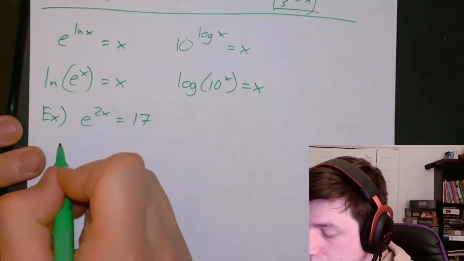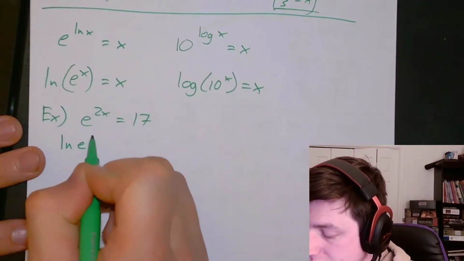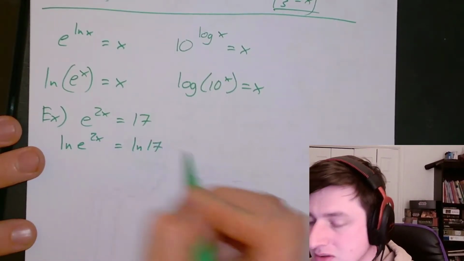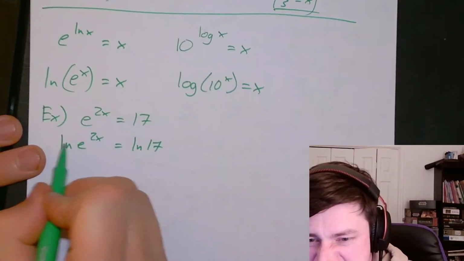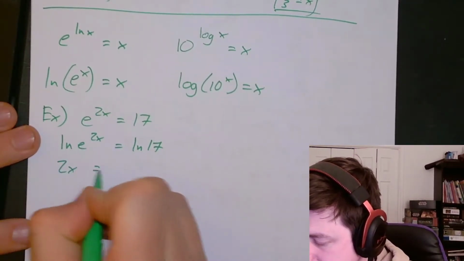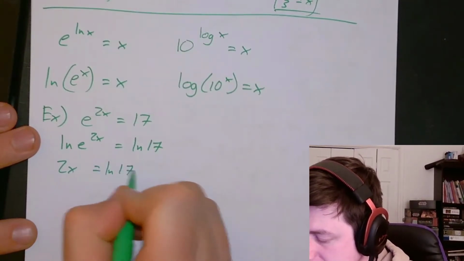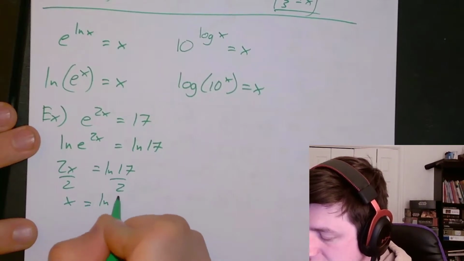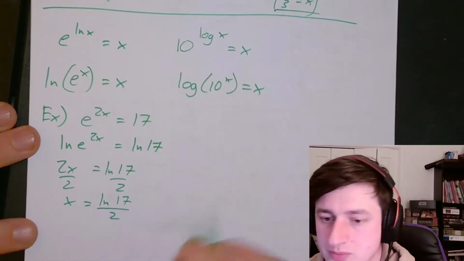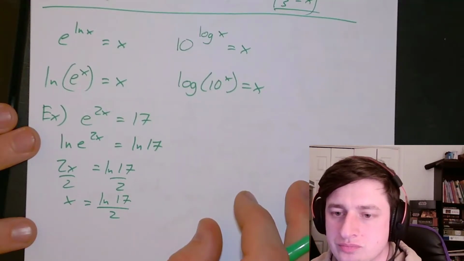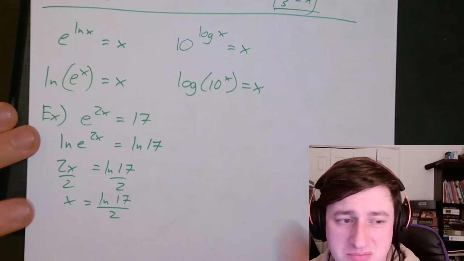Or we could just do the natural log of e to the 2x, same base here, equals the natural log of 17. This is going to simplify to be 2x equals natural log of 17, and then we just divide. So x is natural log of 17 over 2. So maybe that's easier.